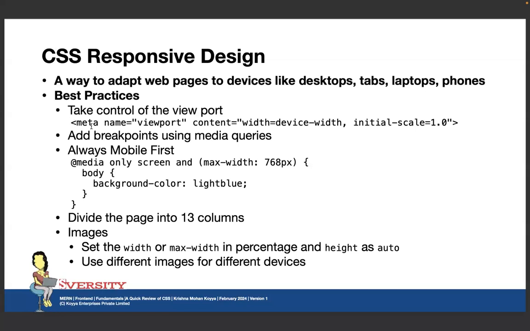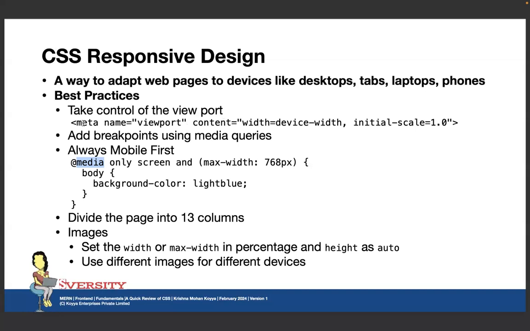That is where these media queries come into the picture. These are all called media queries. So responsive design is actually a way to adapt your web pages to work properly on different varieties of devices, even though you write the document only once.